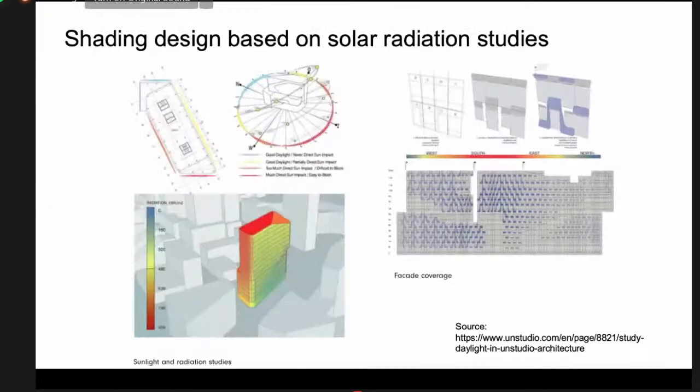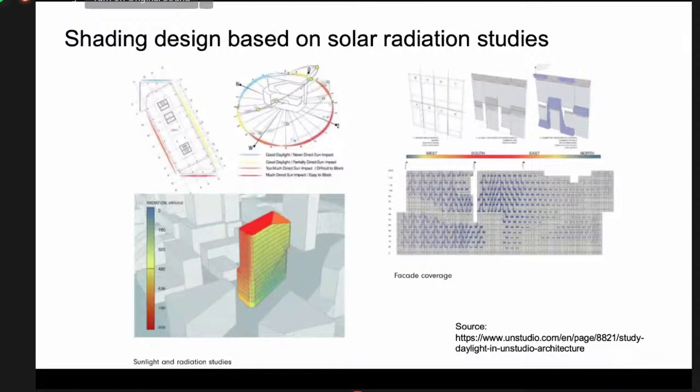We can also use this kind of solar radiation studies in our building envelope to put the right position of the shading. So we don't need to put the shading over the whole building envelope, but we can just select it based on the solar radiation studies.